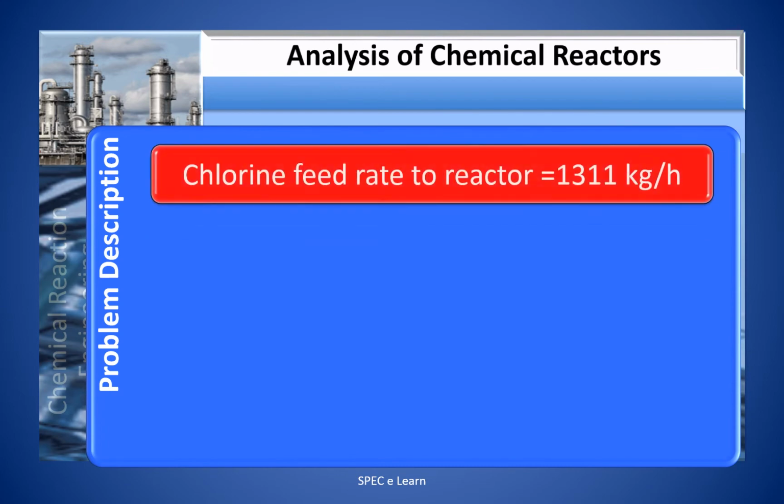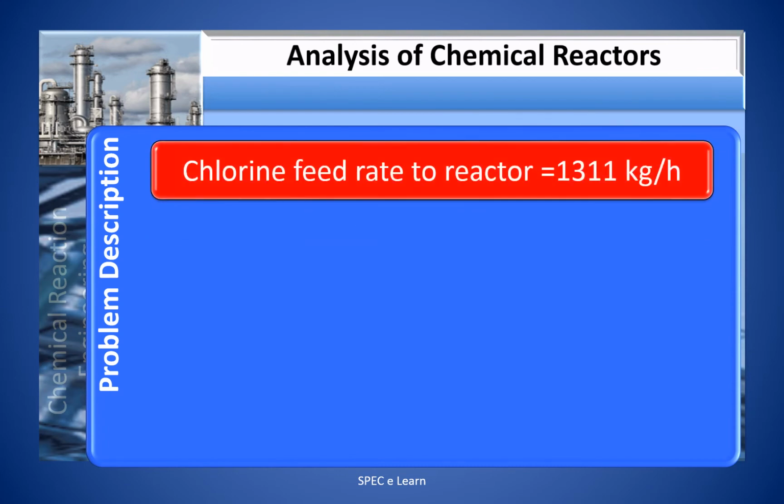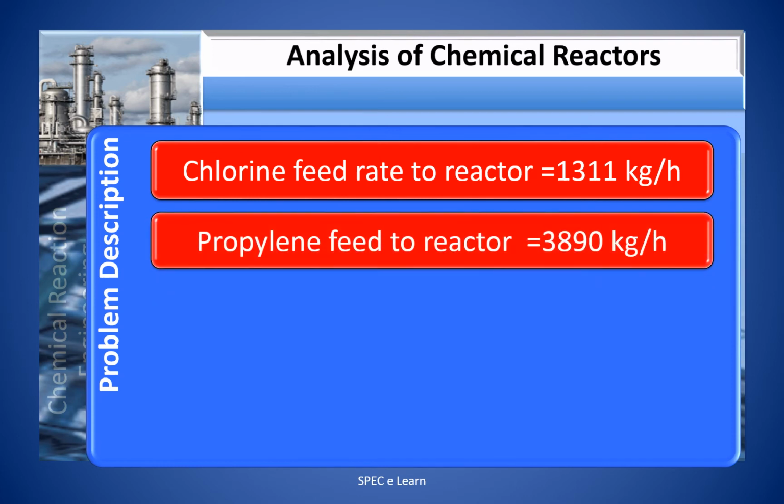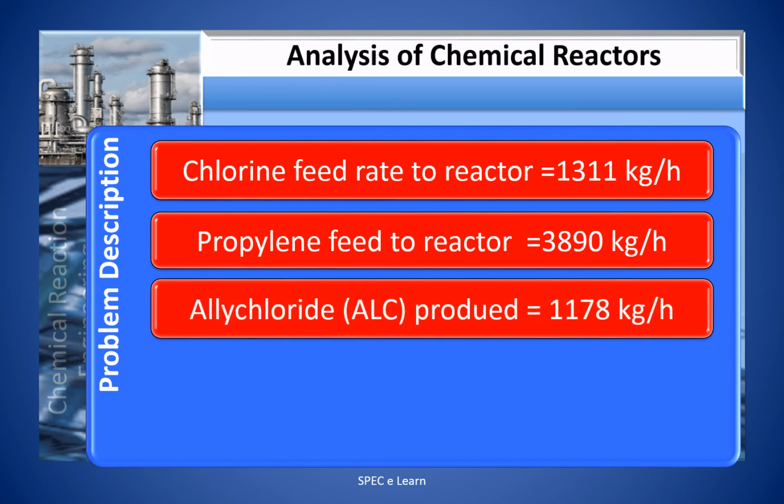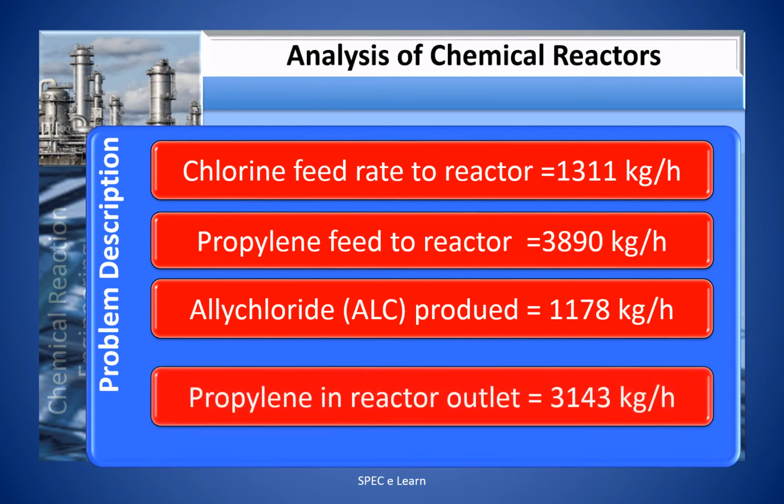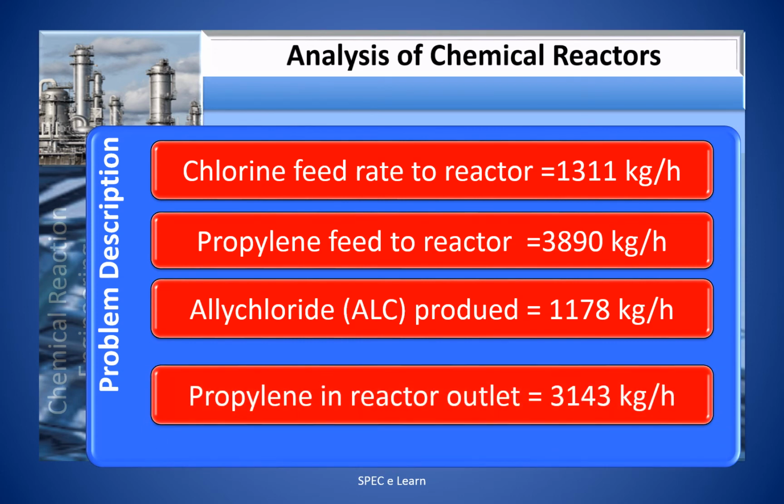Chlorine feed rate to the reactor is 1311 kg per hour. Propylene feed to the reactor is 3890 kg per hour. Allyl chloride produced is 1178 kg per hour. Propylene in reactor outlet is 3143 kg per hour. These flows are taken from a real world example.